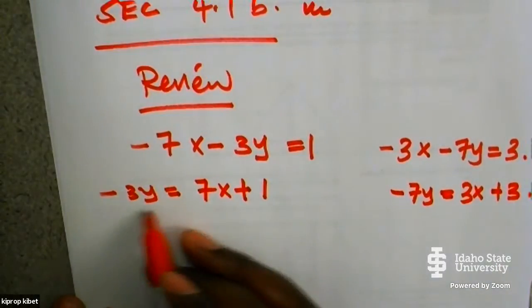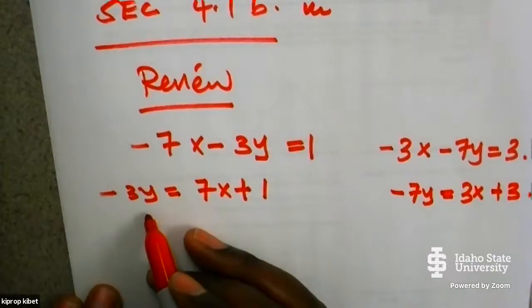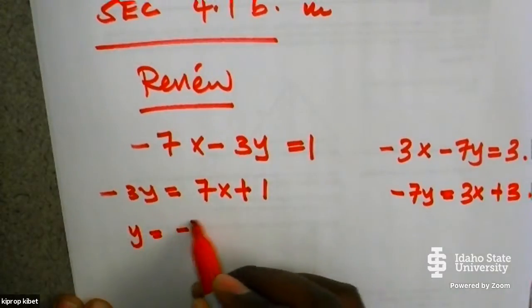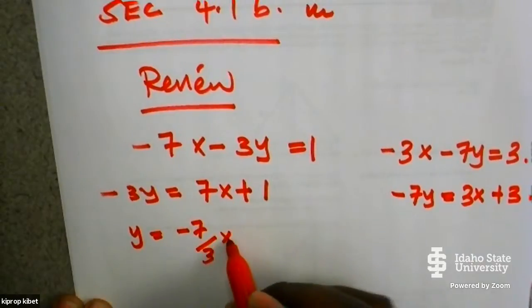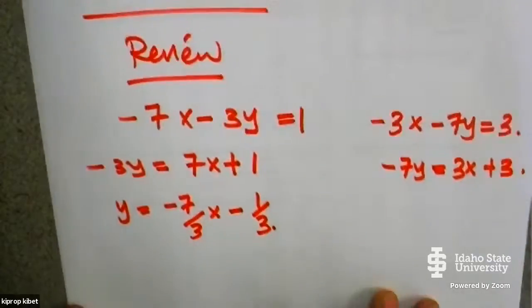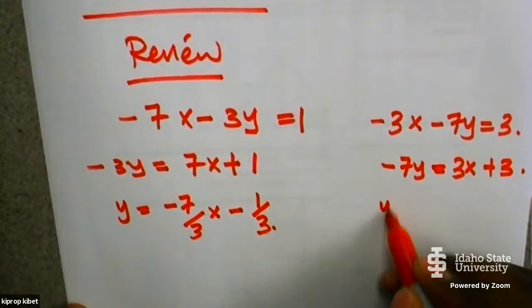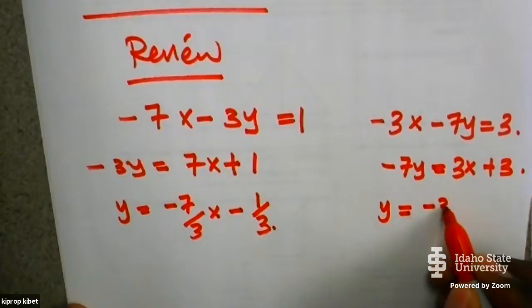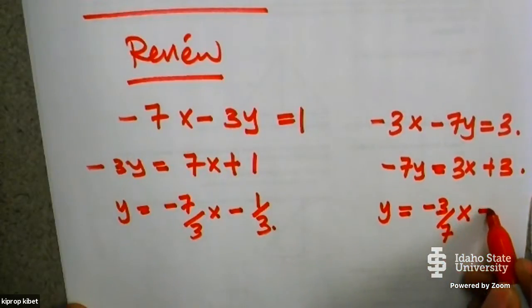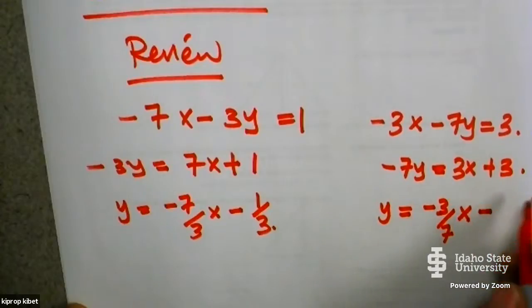Then you divide both sides by -3, right? So you get y = -7/3 x - 1/3. This other one will be y = -3/7 x - 3/7.